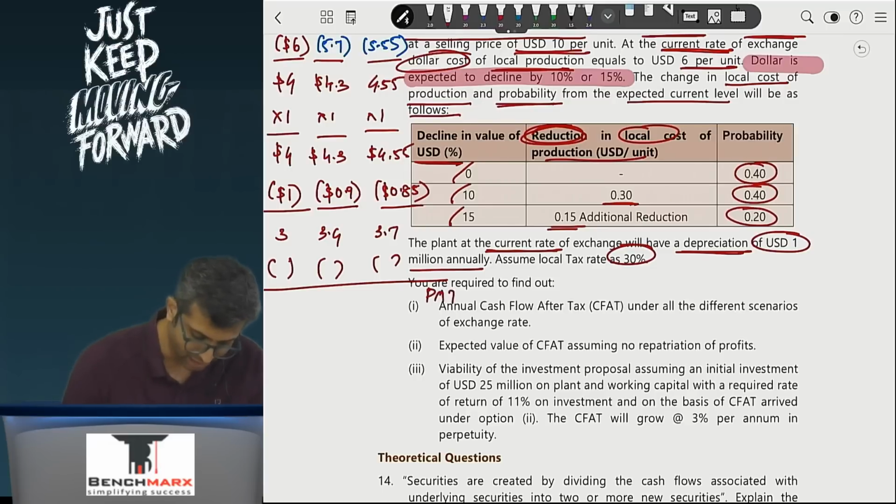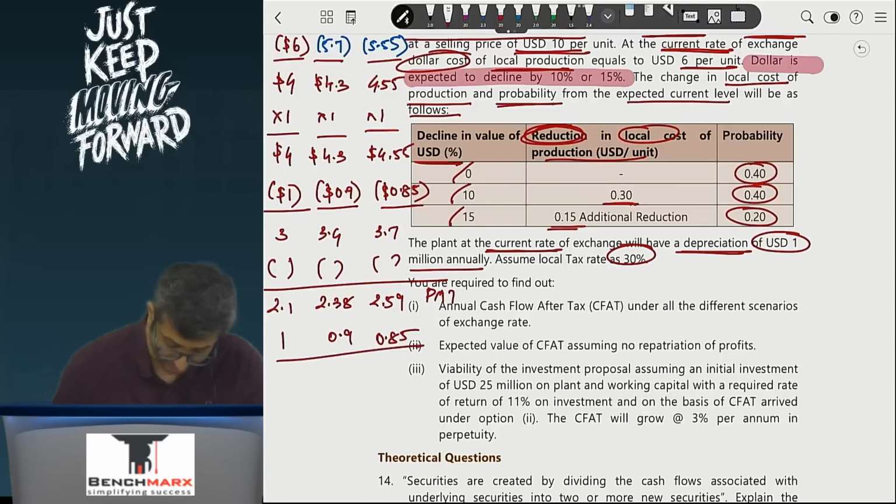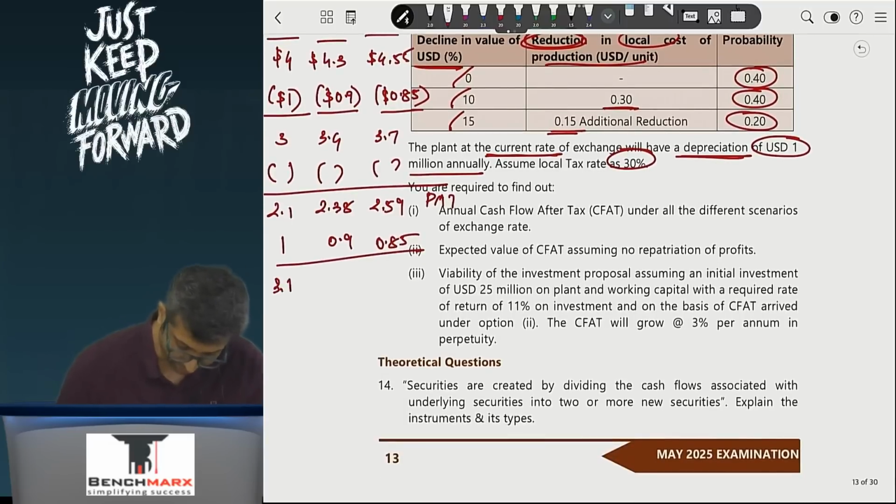So this is 3 into 0.7, 2.1, 3.4 into 0.7, 2.38, 3.7 into 0.7, 2.59 plus depreciation 1, 0.9, 0.85, and this will finally give you cash flows 3.1, 2.38 plus 0.9, 3.28, 2.59 plus 0.85, 3.44.